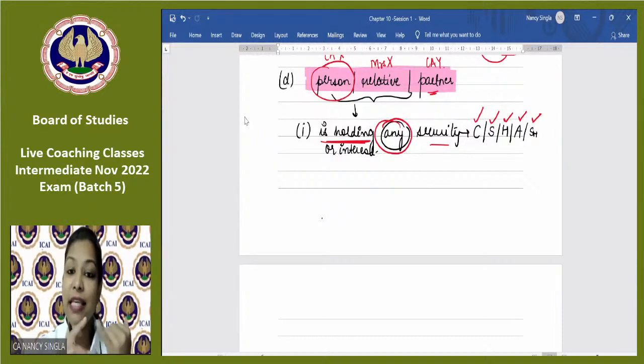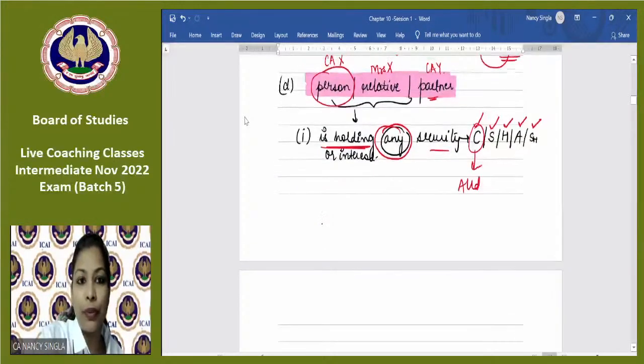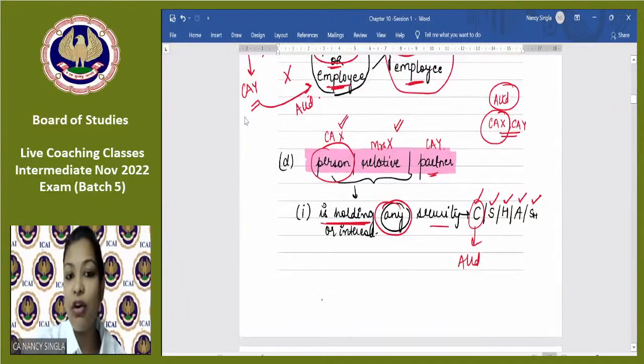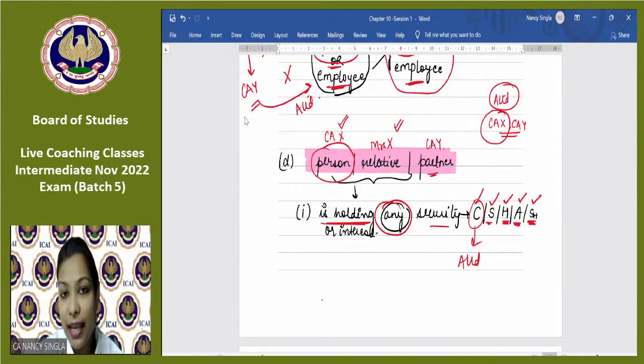So clause D says, if CAX himself, that is the person, or Mrs. X, that is the relative, or CAY, that is the partner of CAX in our example, if any of them holds any security in A Limited, or a subsidiary of A Limited, or holding, or associate, or other subsidiary of the holding of A Limited, then CAX, that is the person, is ineligible.